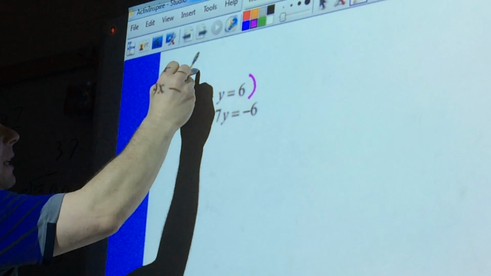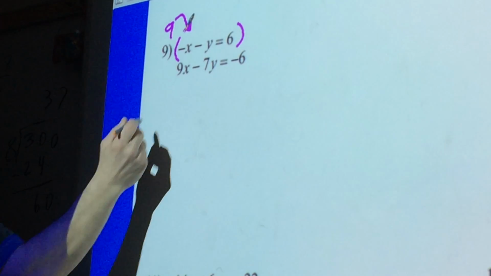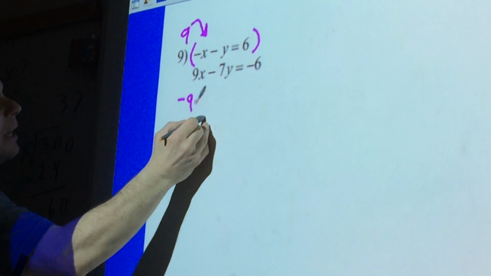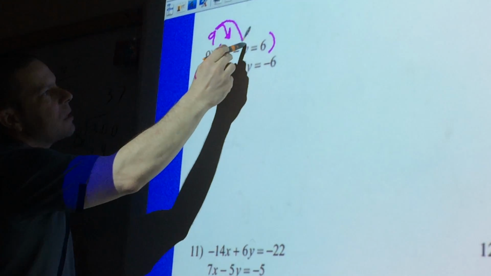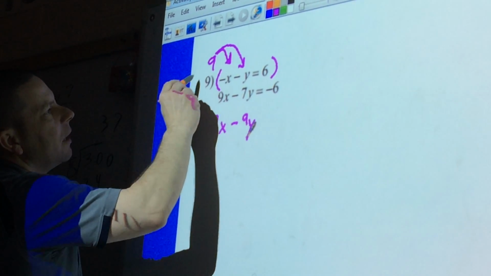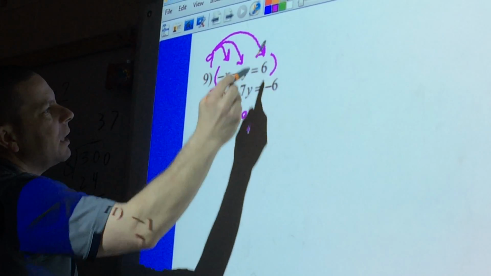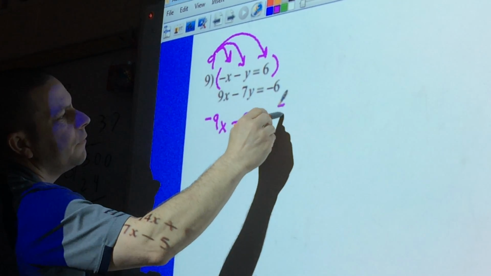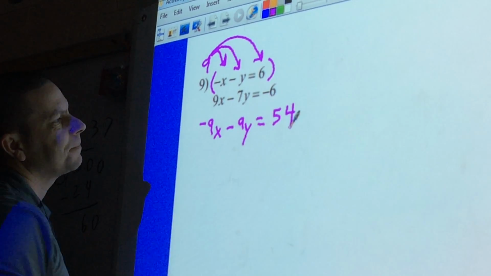So I multiply 9 times -x, and that gives me -9x. 9 times -y, that gives me -9y. And 9 times 6, which equals 54.